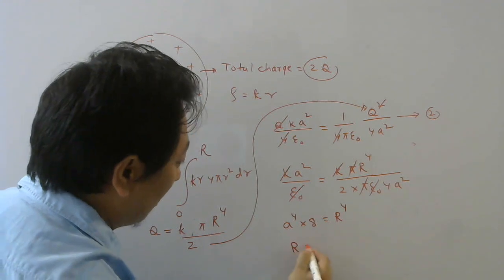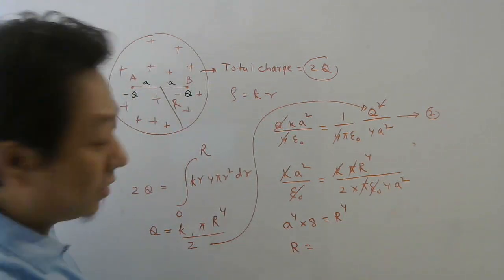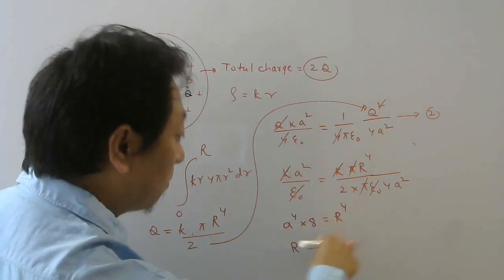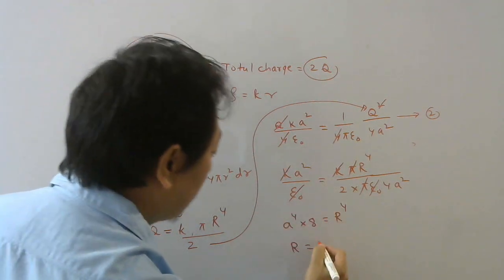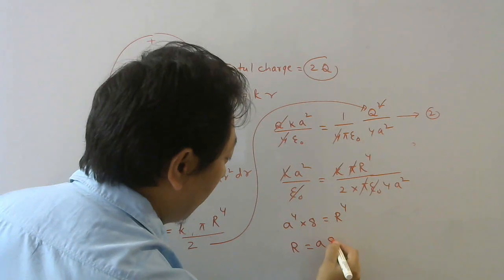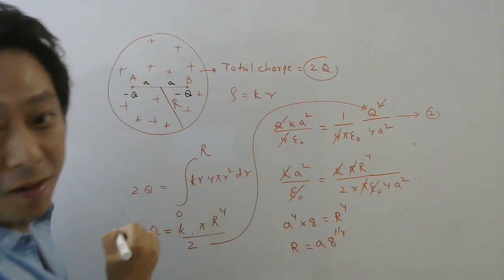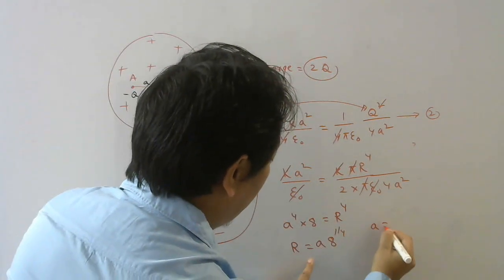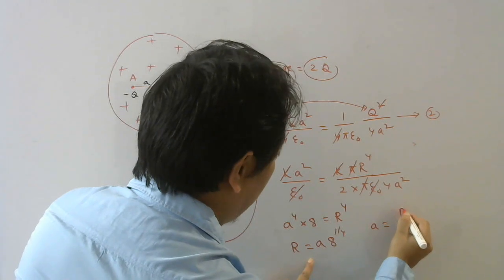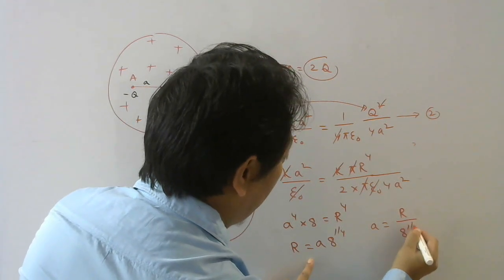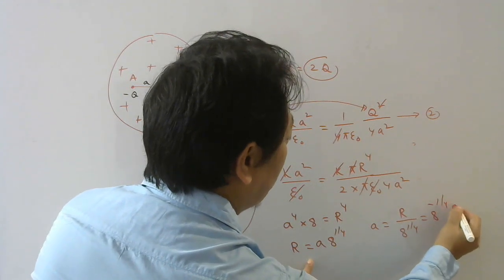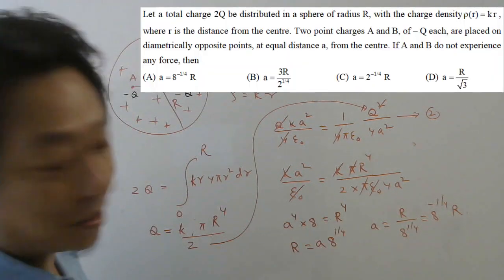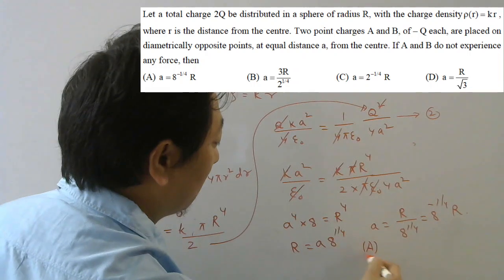So if you take power 1 by 4, here R power 4 power 1 by 4 will be R, and a power 4 power 1 by 4 will be a, and this will be 8 power 1 by 4. And then you can write small a equals R divided by 8 power 1 by 4. When you take this up, it will be 8 power minus 1 by 4 into R. So the correct option is option A.